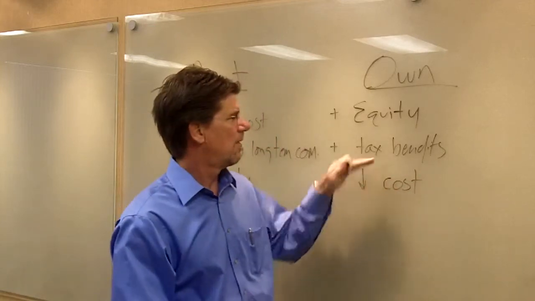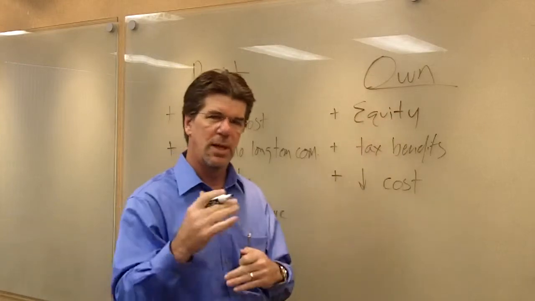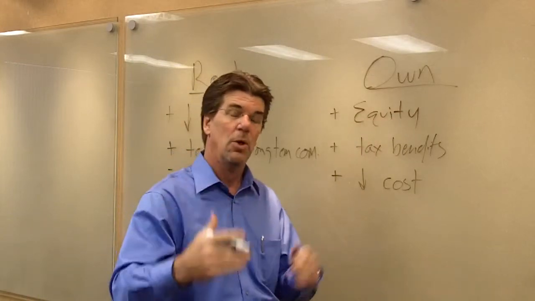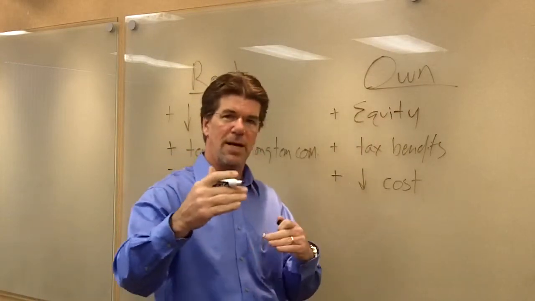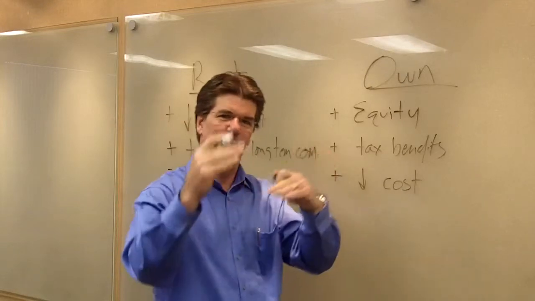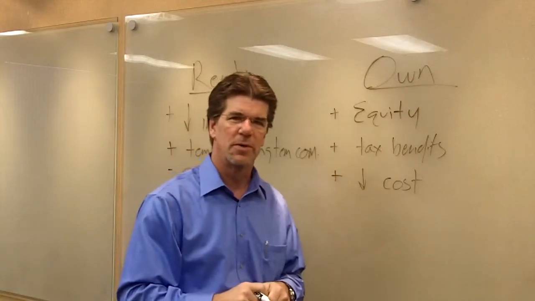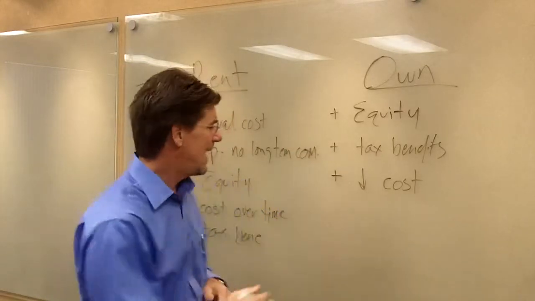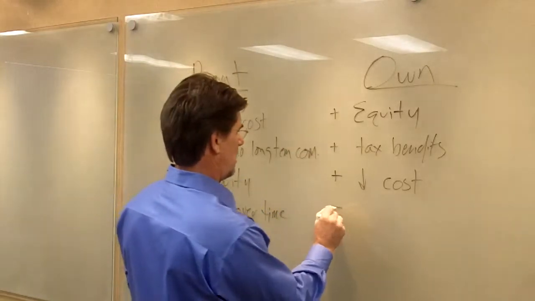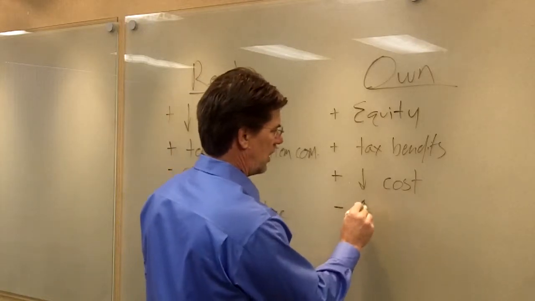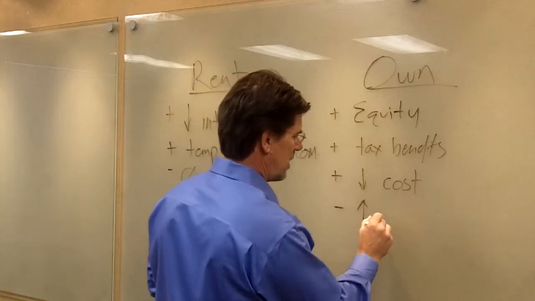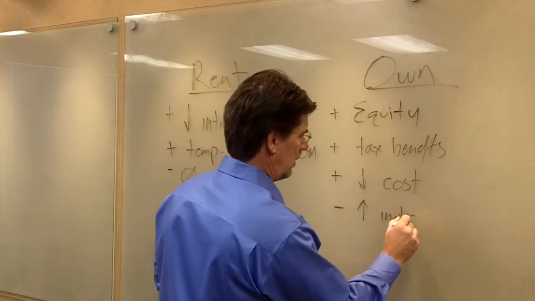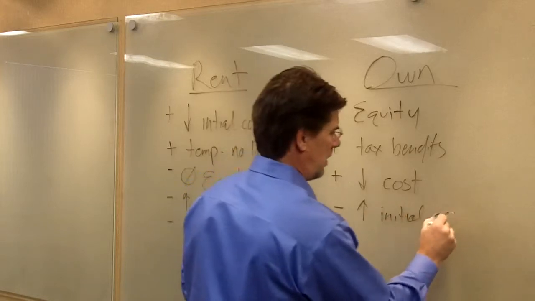What we're talking about here, obviously, is as the equity is building up in your home, what you're paying, minus the equity, reduces your cost over time. So those are the positives to owning. So what are the negatives to owning? Well, of course, early, you have higher initial costs.